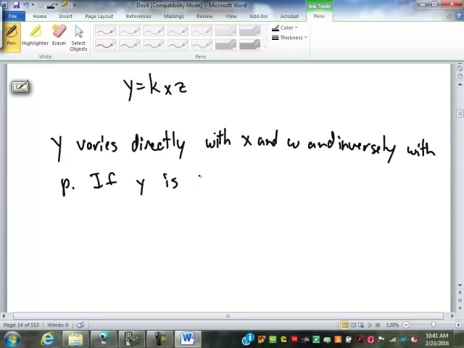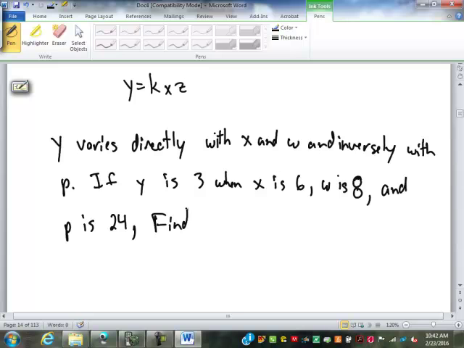If y is 3 when x is 6, w is 8, and p is 24, find y when x is 9, w is 16, and p is 12.